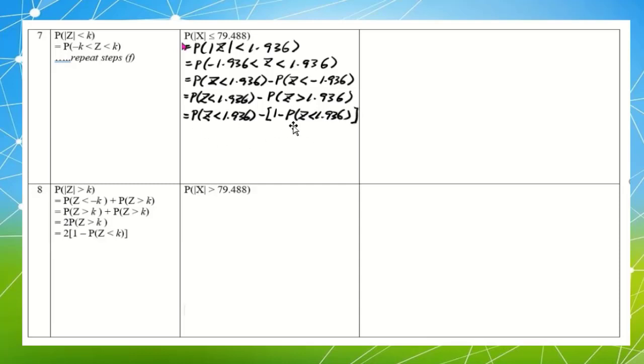Now I can see I'm ready to use the table. When I check the table, the value is 0.9736 minus 1 plus 0.9736. Then when I press the calculator, the answer is 0.9472.